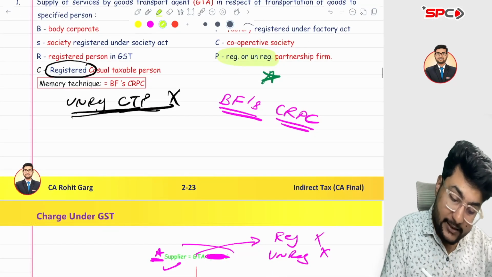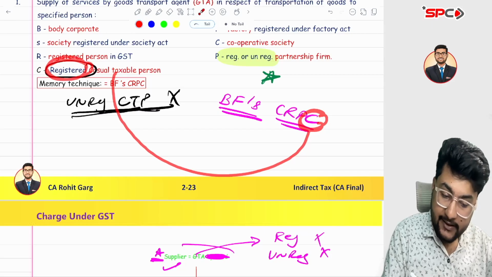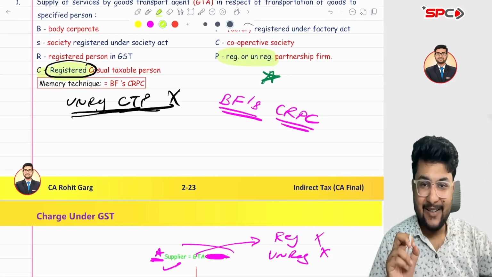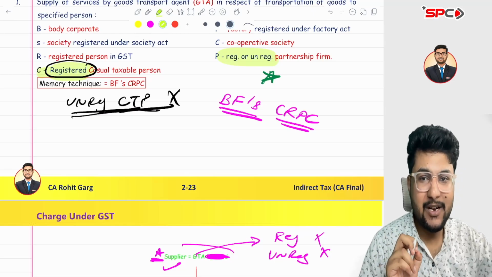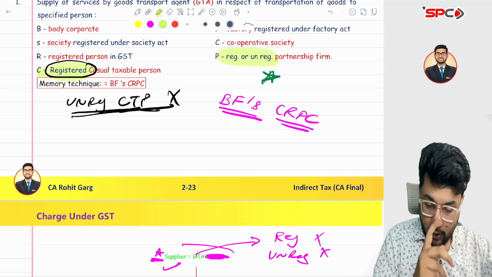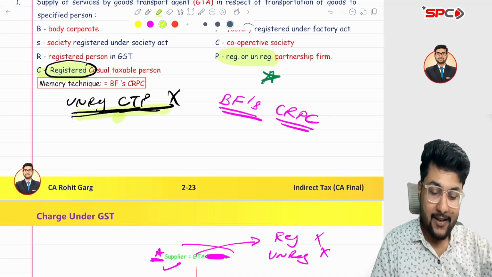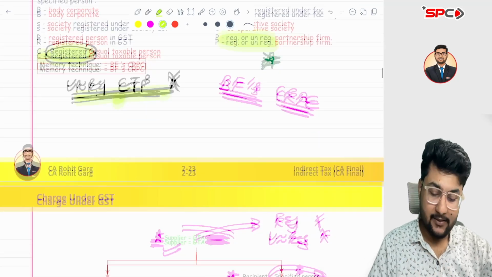But for a casual taxable person, C means a casual taxable person, it should be registered. This can be asked from here as well because it's very tricky. Here only a registered casual taxable person is covered, not an unregistered one. So please note it. An unregistered casual taxable person is not covered under specified person.